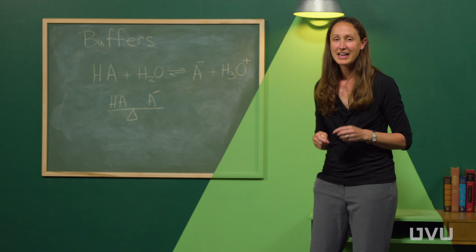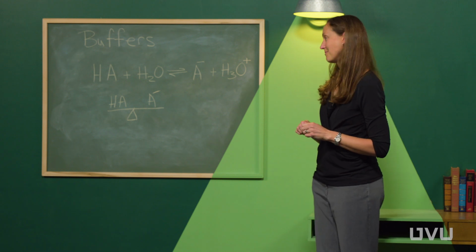But then let's add a strong acid to this system. Strong acids come apart completely. So that strong acid is going to make a lot of hydronium. That's H3O+. Is that going to react with anything? Yes. It will, because you have a base in your system. It's not a great base, it's weak, but it will definitely react with that strong acid.